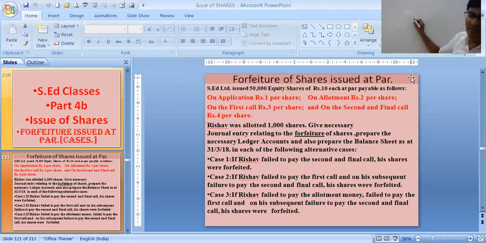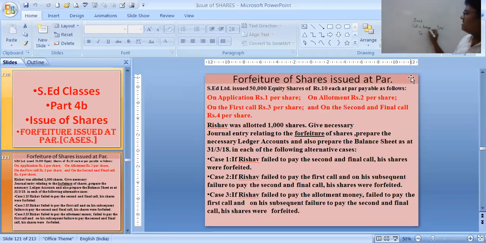That journal entry will be bank account debit, for how much other people have paid. Calls in arrear account debit, that means what Reserve is unable to pay. He is unable to pay on the 1000 shares which have been allotted to him. He is unable to pay 4 rupees on 1000 shares, that is 4000 rupees.